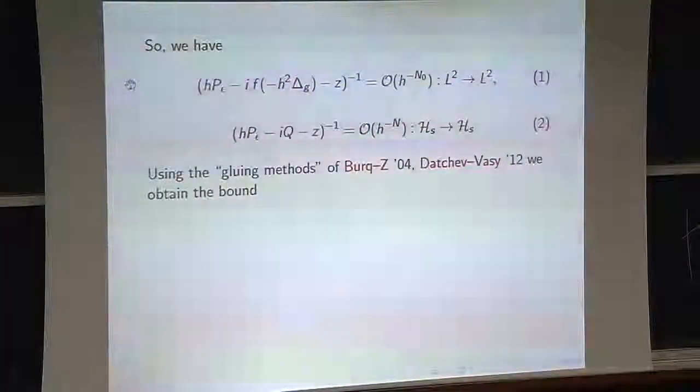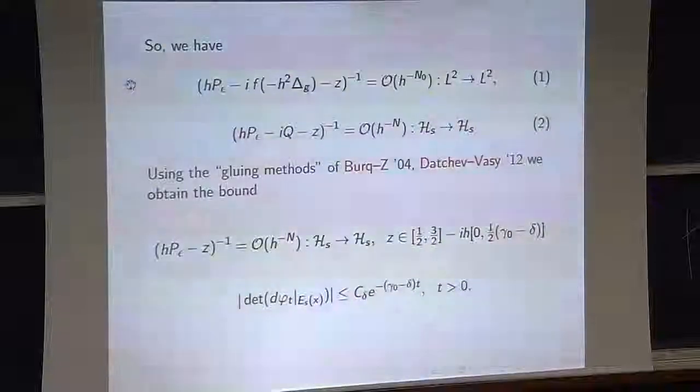There are gluing methods based on propagation of singularities, or semi-classical propagation, that we did with Burq. And there's a nicer and more general version due to Datchev–Vasy. And using these methods, you obtain the bound without these damping terms, which is the result that I mentioned.